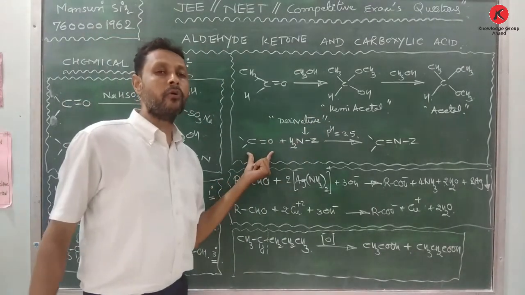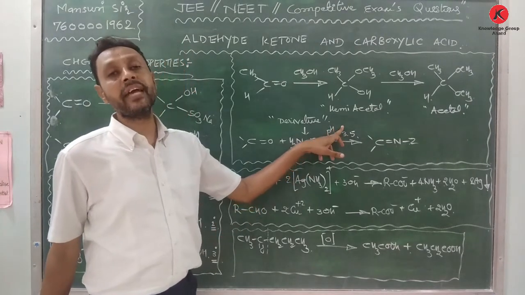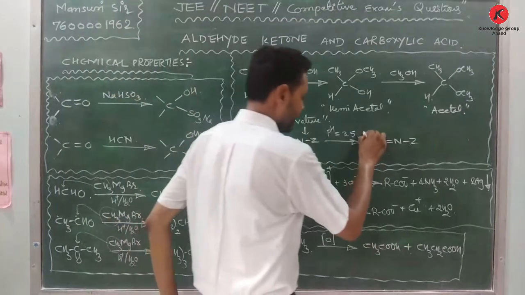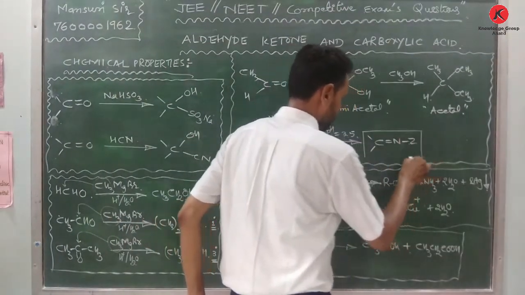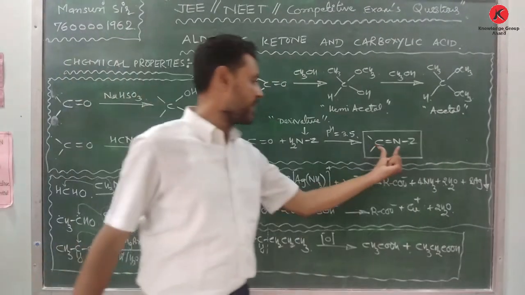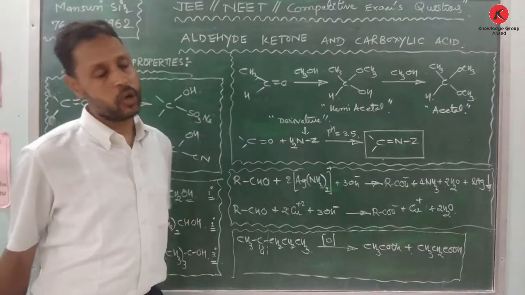When a carbonyl compound reacts with derivatives of ammonia at pH 3.5, then derivatives of condensation reaction will be formed. Here a condensation reaction will occur, that is why C=Z will be obtained.